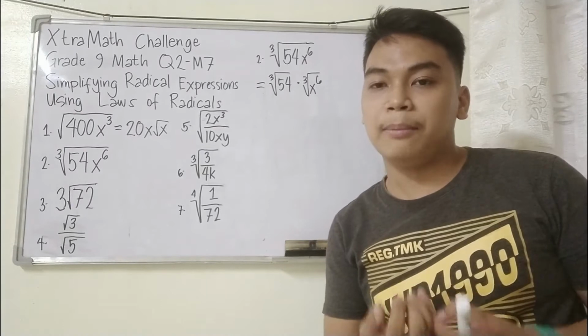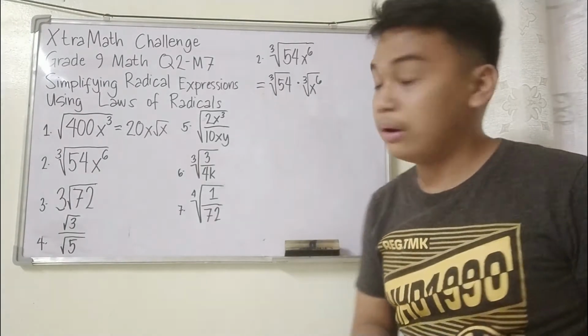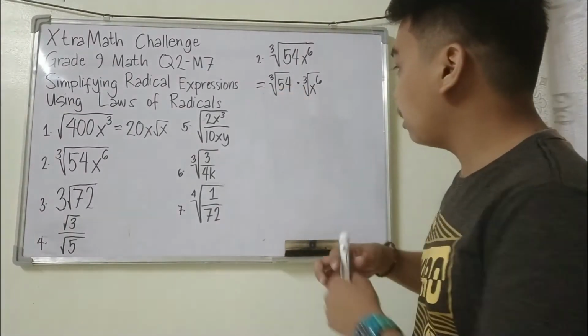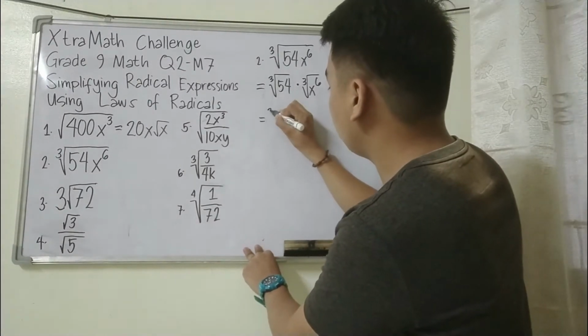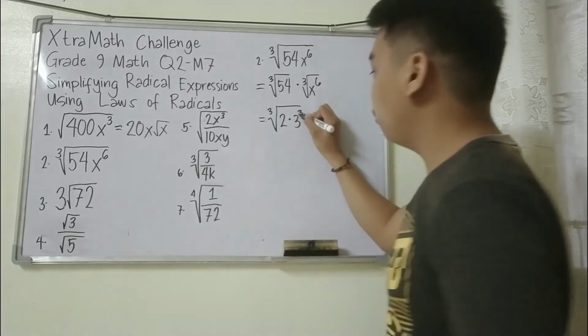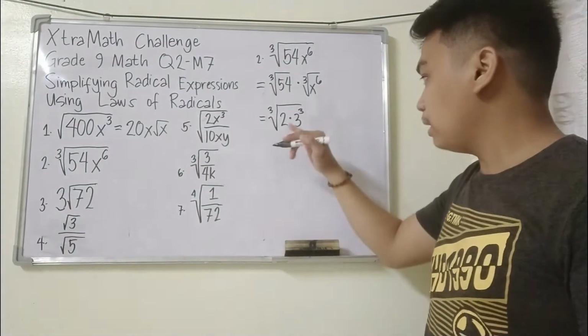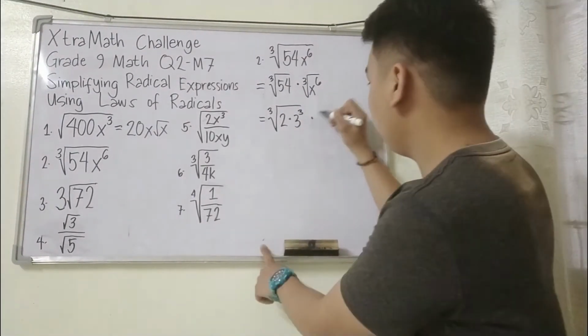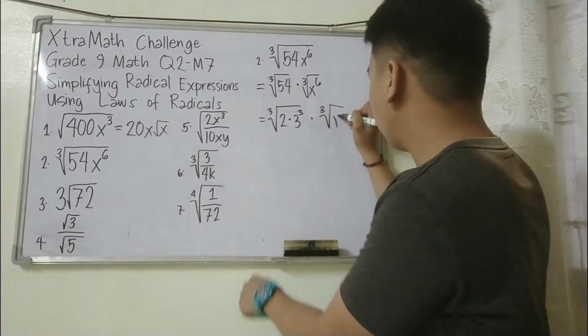Pwede tayong gumamit ng prime factorization tree, ganun. So the prime factorization of 54 is equal to 2 times 3 cubed. So that is 2 times 3 cubed times cube root of x raised to 6.